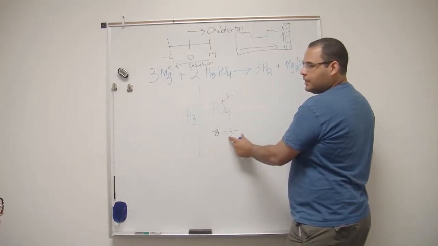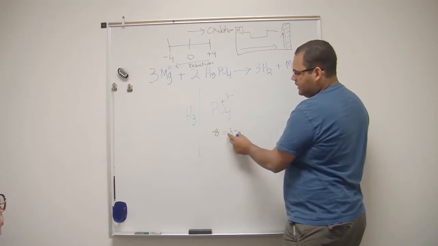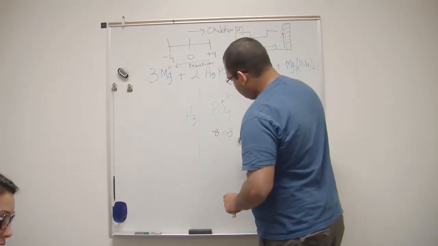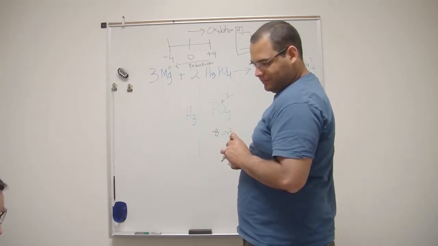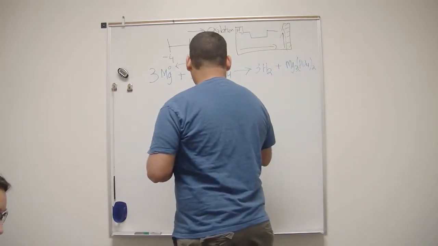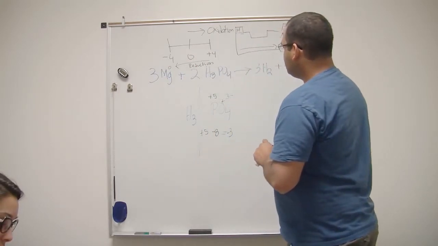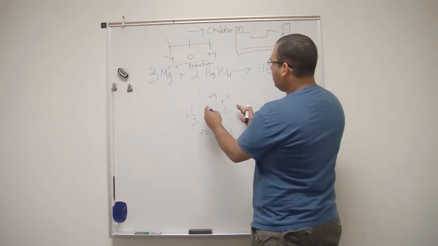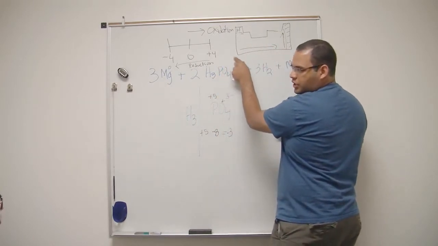Here is a 3-. It's the final answer. What number do I need to put here that when I add a -8 gives me a -3? A +5. So I know that phosphorus is a +5. When I combine this polyatomic with the hydrogen, I do not have any charge associated with it.